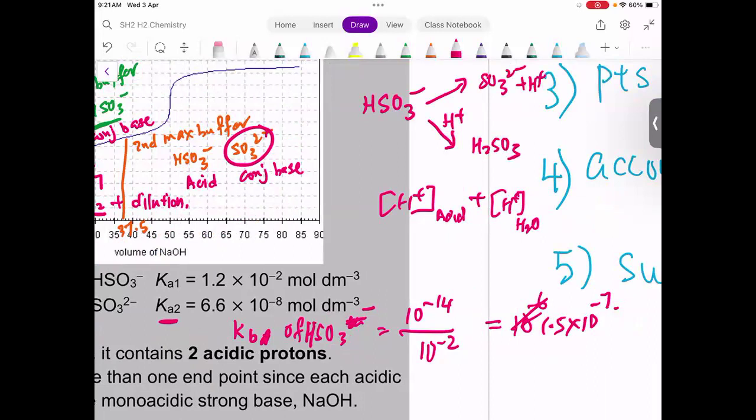If I were to consider it as a base, I will need to calculate the Kb value, which is obtained from here. It points to a very, very weak base. So we'll see it as an acid rather than a base.